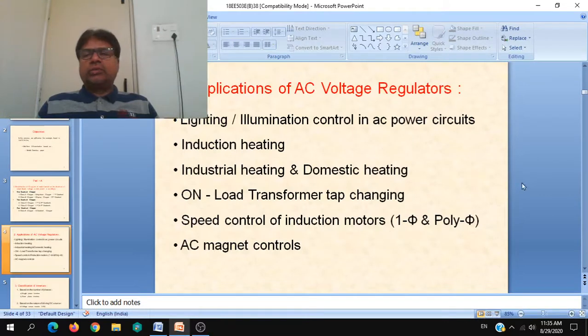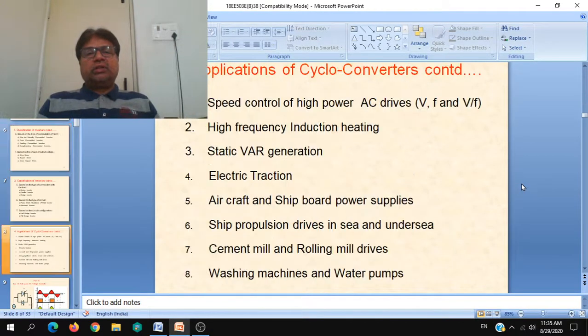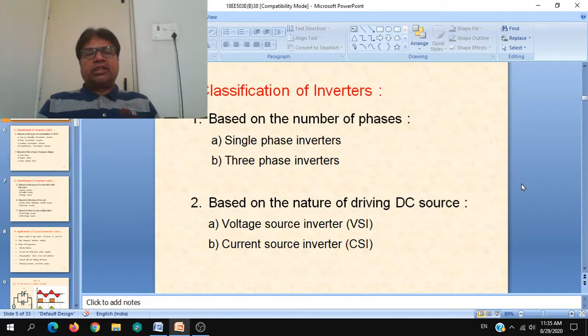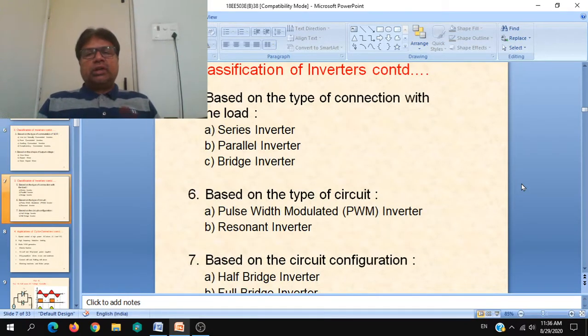So again, go back to the slides for the third question, classification of inverters. There is a very wide classification based on different aspects. The first aspect is based on number of phases. Second is based on the nature of driving source, commutation of SCR, shape of output voltage, connection with the load, type of the circuit, circuit configuration.